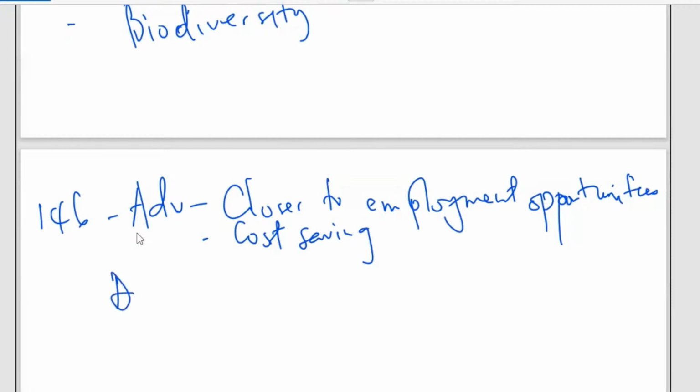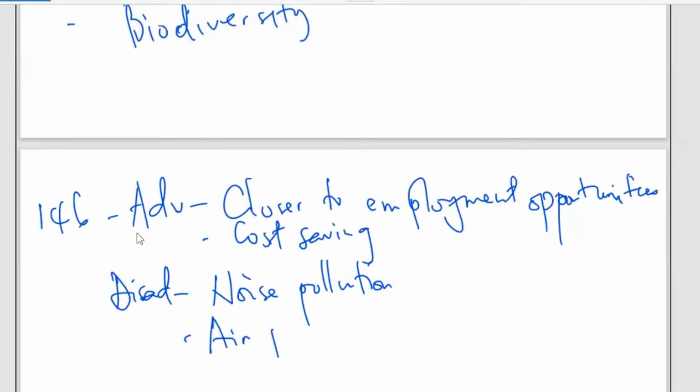Then a disadvantage: we talk of negative implications of having industries closer, like noise pollution. Remember, heavy industrial activities cause a lot of pollution. You can also talk of the dangers of air pollution in the area. It's a disadvantage.